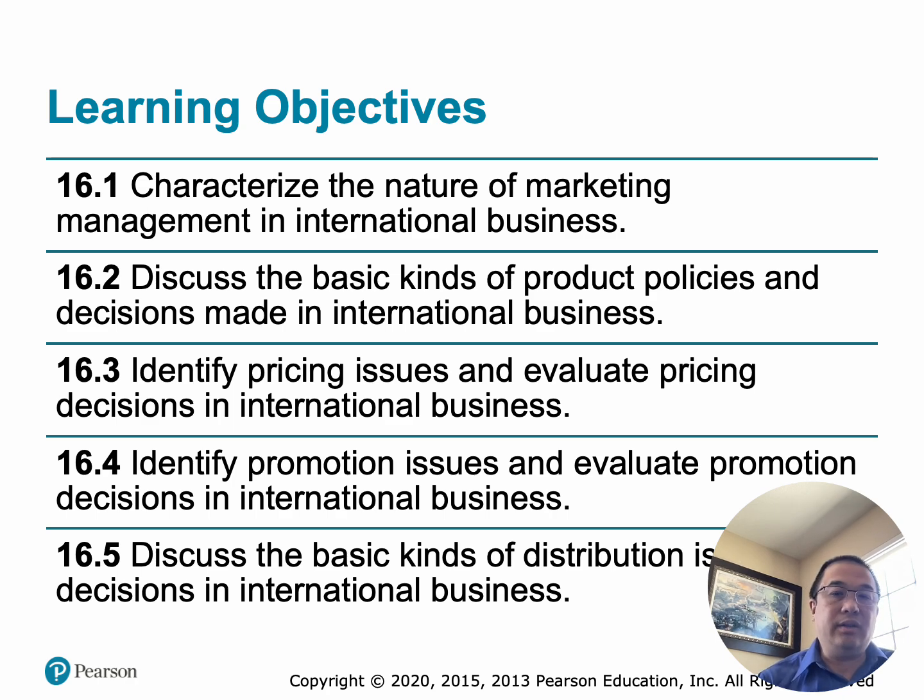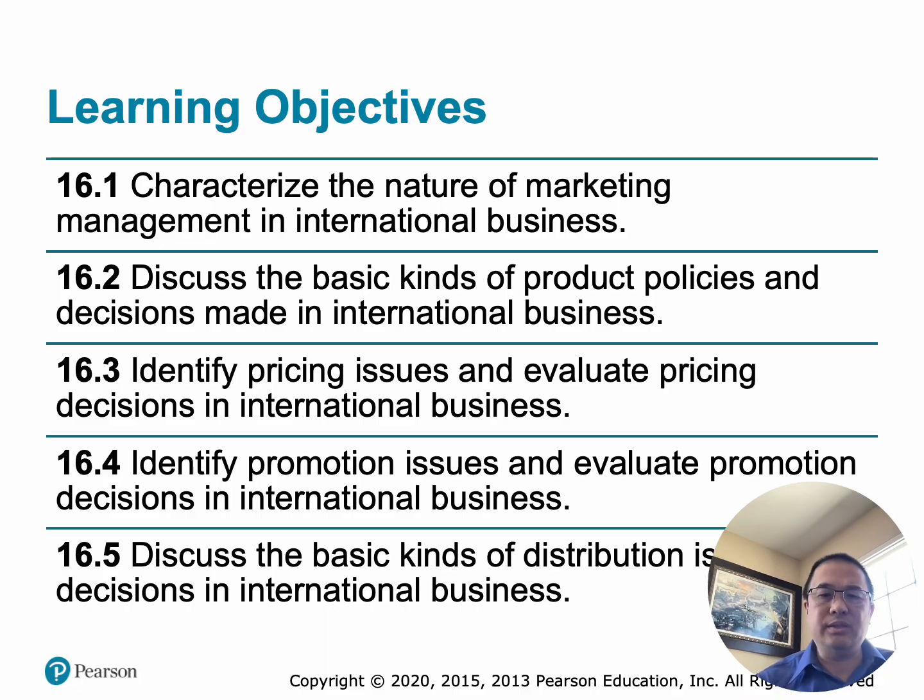16.1 characterizes the nature of marketing management in international business. You should be able to understand how marketing changes when a company operates across multiple countries. The key questions are: how do customer needs differ across countries? Should products be standardized worldwide or adapted locally?